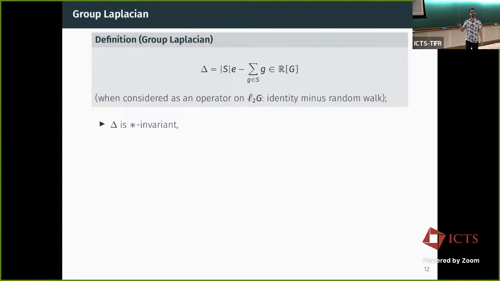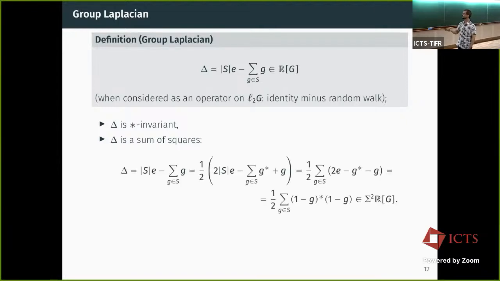So one thing that we should see immediately is that such a Laplacian is self-adjoint. Okay? I assumed that my generating set is symmetric. So whenever I apply star to any of these g, it becomes another element of the generating set. So this is fine. The second thing that might not be so easy to see is that this guy is already a sum of squares. Okay?